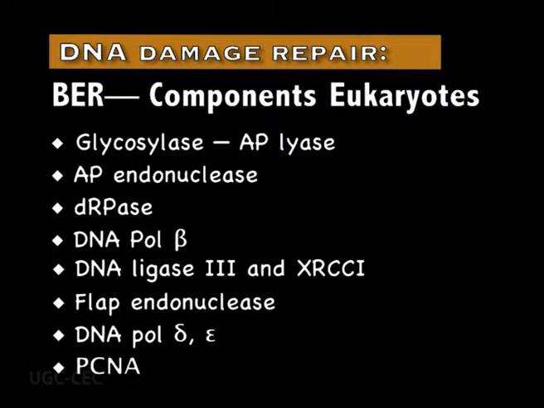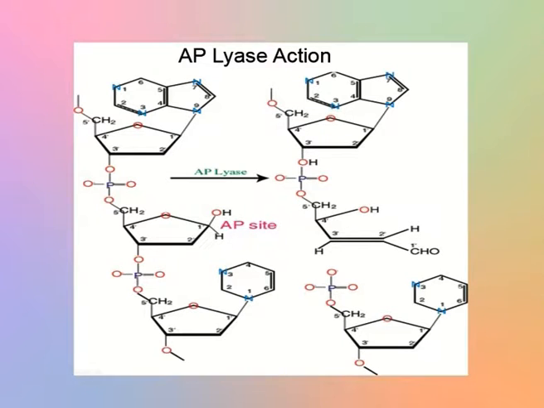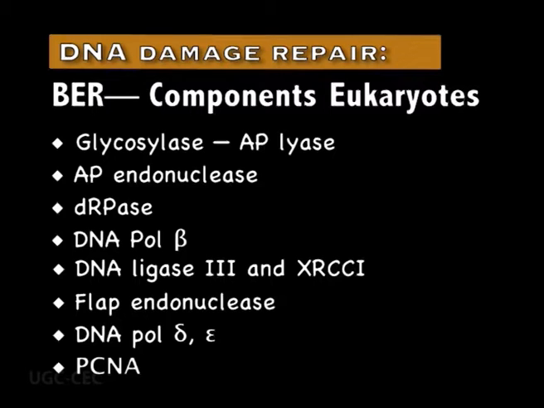Some glycosylases, apart from their specificity, because glycosylases are monomers and have no cofactors, have AP lyase activity. By removing the damaged base, by cleaving the beta-N glycosidic bond, it can make a 3' nick. That is called AP lyase activity. Whether the AP lyase activity happens by the glycosylase or not, an AP site is created that invites AP endonuclease to make a cut at the 5' site.